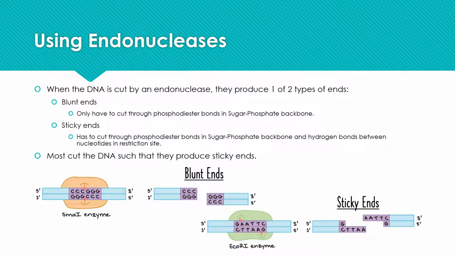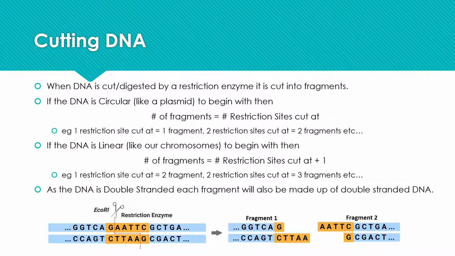So let's look a little bit more at how this cutting happens. When you use an endonuclease or restriction enzyme and you cut up the DNA, you cut it into fragments. If the DNA is circular versus linear, like a straight line, like our chromosomes, then you're going to get different numbers of fragments.